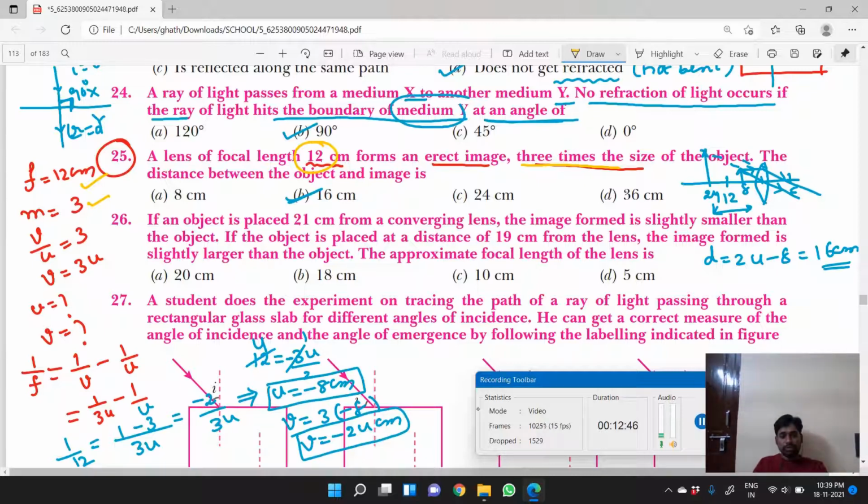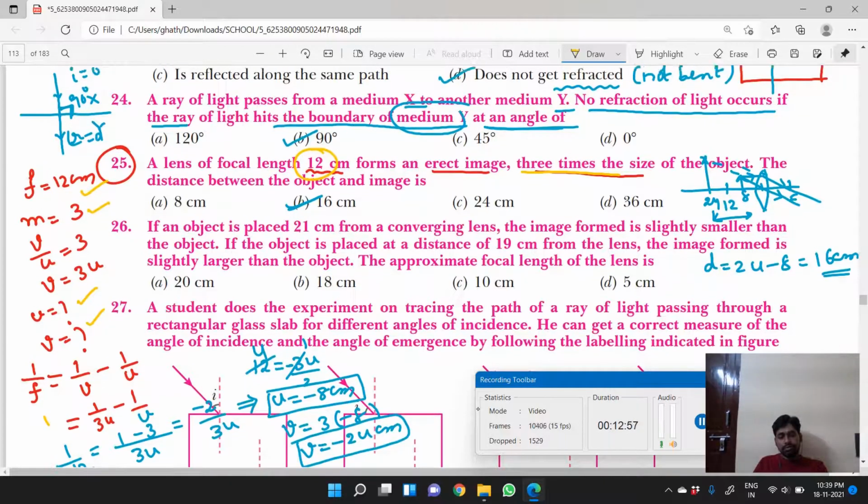If we do the cross multiplication, v is equal to 3u. Image distance and object distance are both unknowns. So 1 by f is 1 by 12, which is equal to 1 by 3u minus 1 by u. If we do the LCM, it is minus 2 by 3u. And if we solve it, the object distance is 8, and the image distance is 24. Okay, I hope it's clear to you.